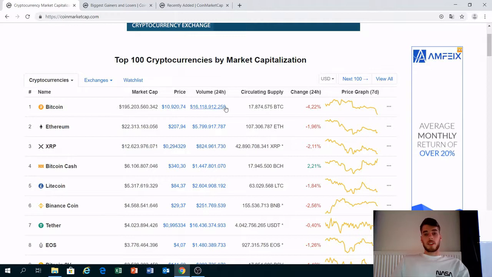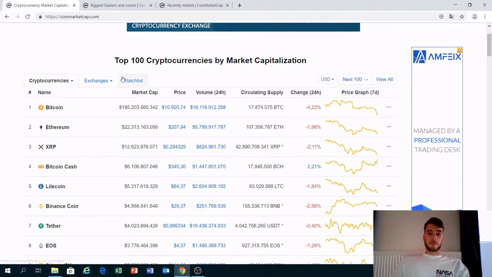So it's very easy how we evaluate this, how we get to this market cap. It's not that people put 195 billion into Bitcoin. No, it's just the price times the circulating supply.